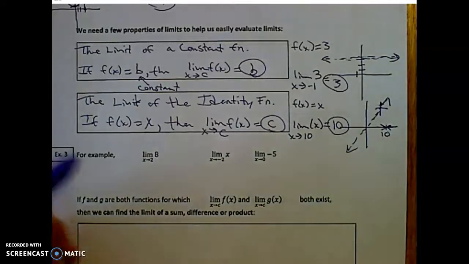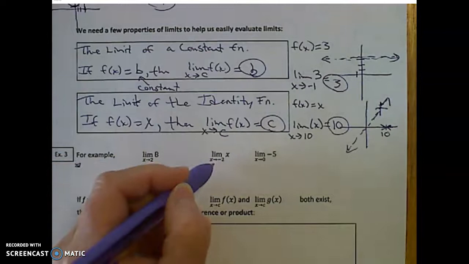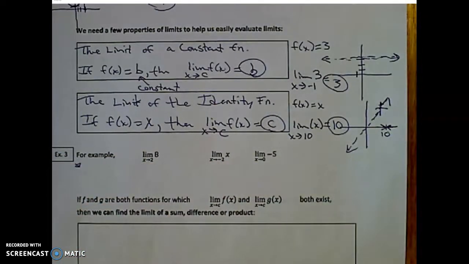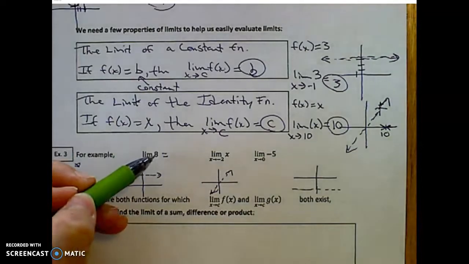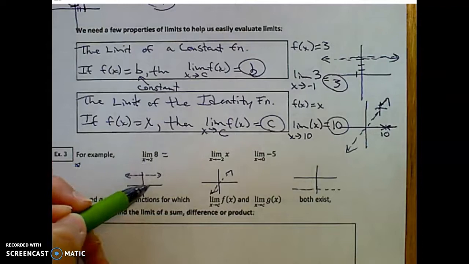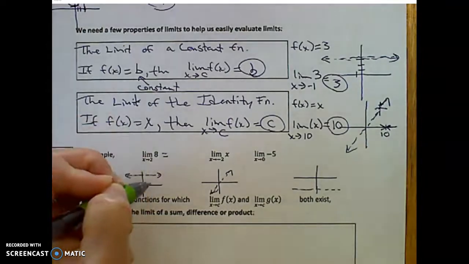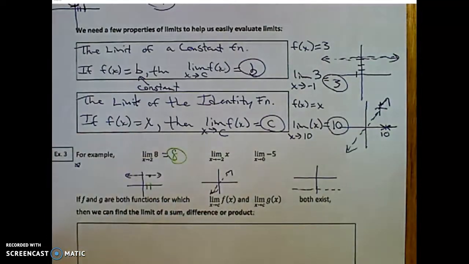Can you look at both of those properties and try just a couple of examples? Limit as x approaches 2, limit as x approaches -2, limit as x approaches 0. I will pause. Okay, that's a constant function 8. There's my y equals 8. As x values approach 2, my y values remain constant.